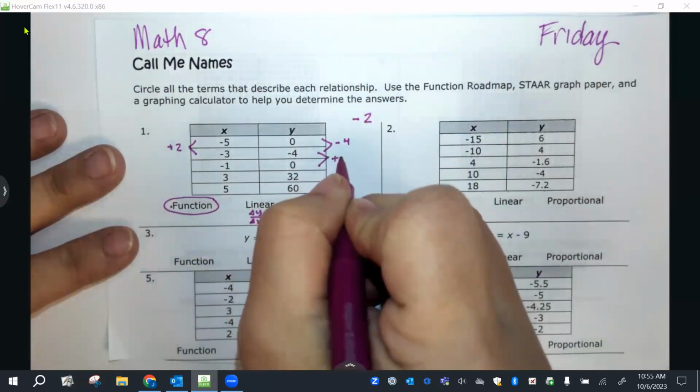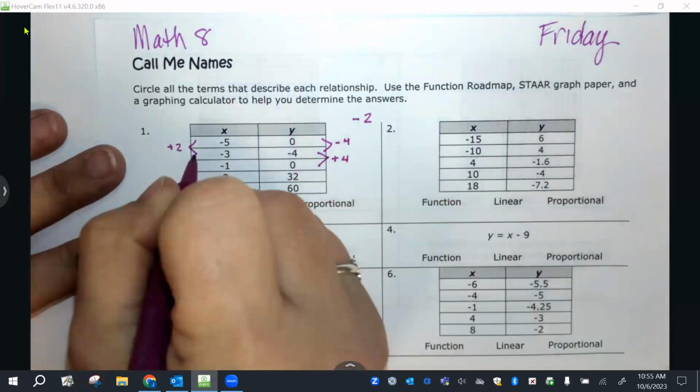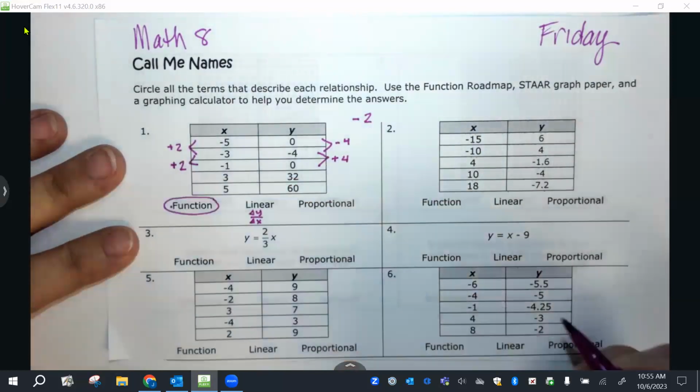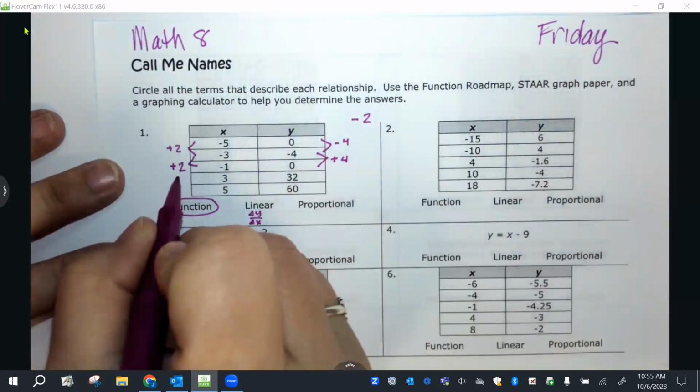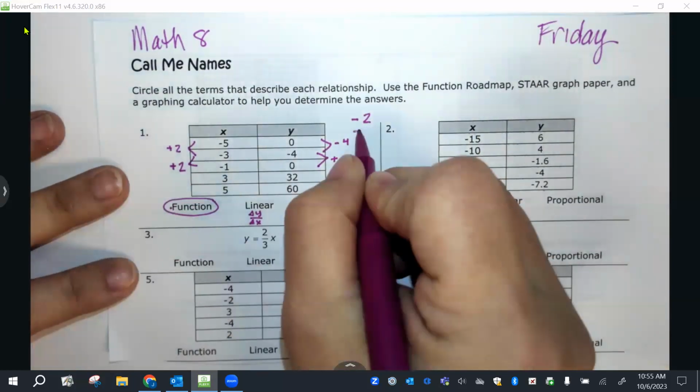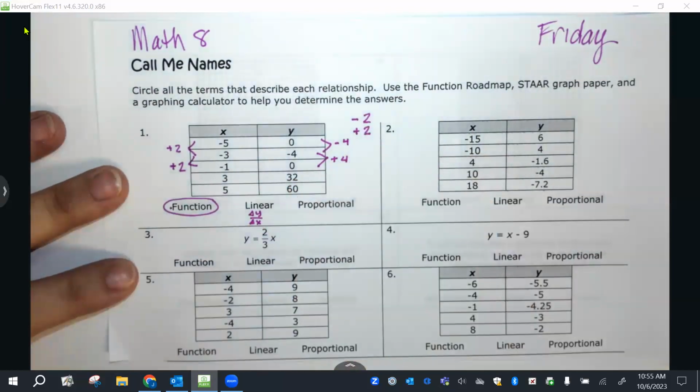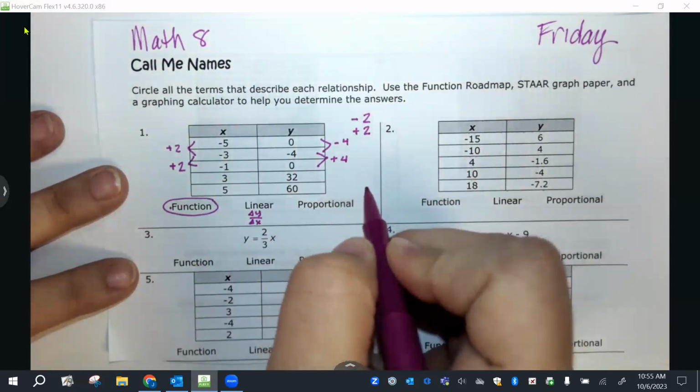Negative 4 to 0 is plus 4. 3 to 1 is plus 2. Positive 4 divided by positive 2 gives me a positive 2. So therefore, I already have something a little different. Let's keep trying.